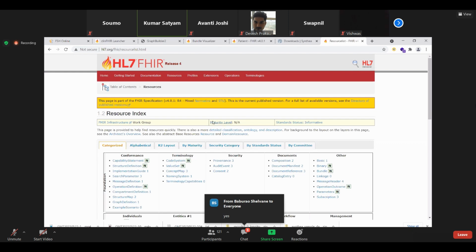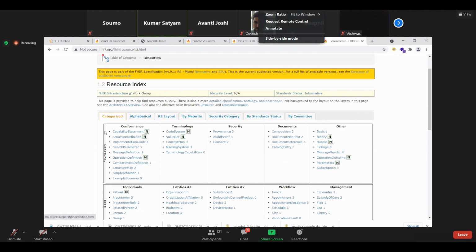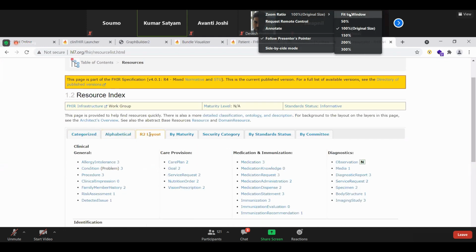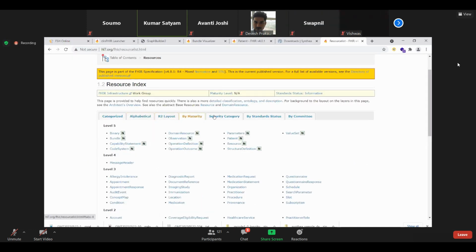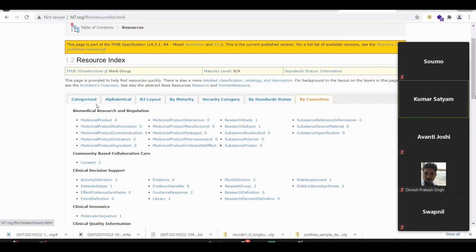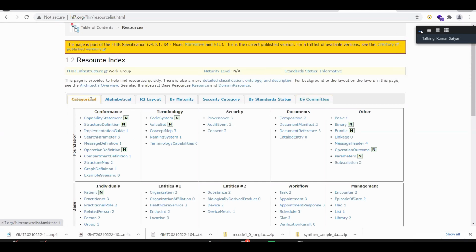Good. So now in this page, the resource list, you see the resources are listed in different categories, right? There is a category listing here, then there is an alphabetical listing, an R2 layout, by maturity, by security, by standard status, by committees. So many ways the same resource can be presented depending on how you want to see the resources.